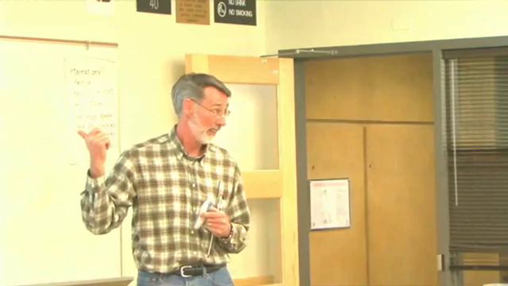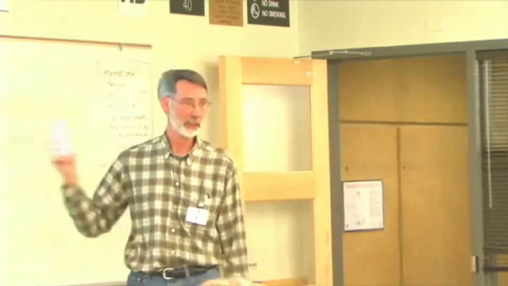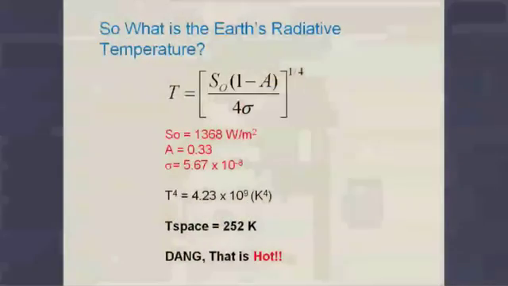Well, it measures the flux, then divides the flux by sigma and takes the 1/4 power in a microprocessor in here, and that's the radiative temperature. So if you took this thing on the space shuttle, went out into space and pointed it at the Earth, you could measure the Earth's radiative temperature. So what is that?